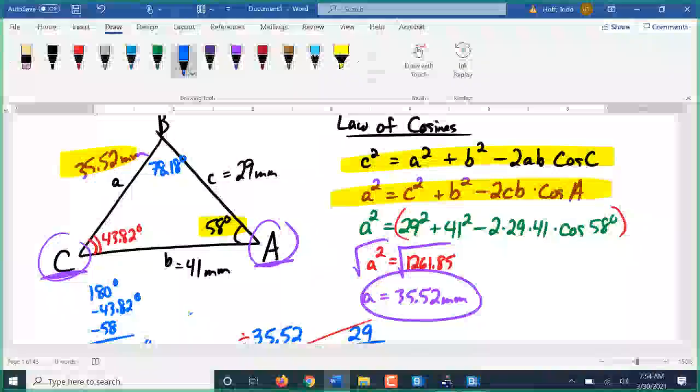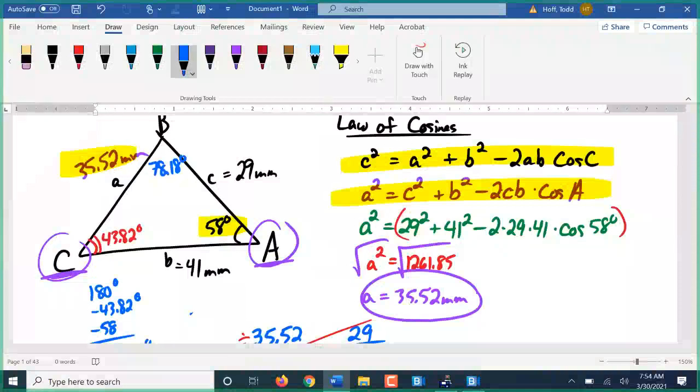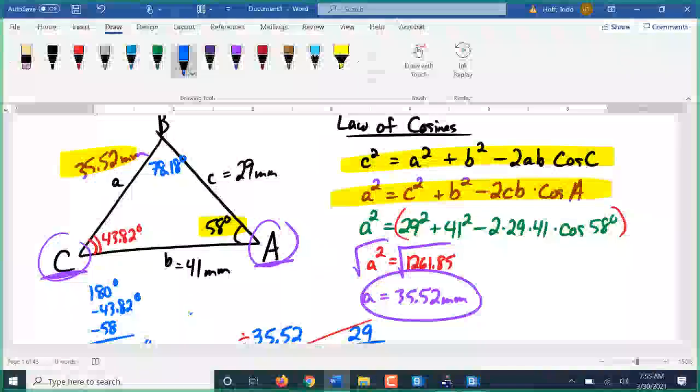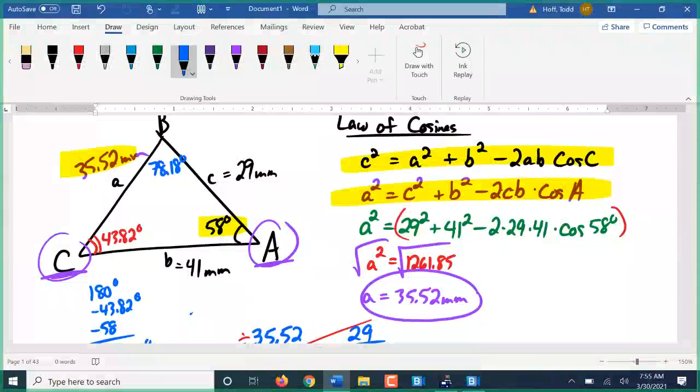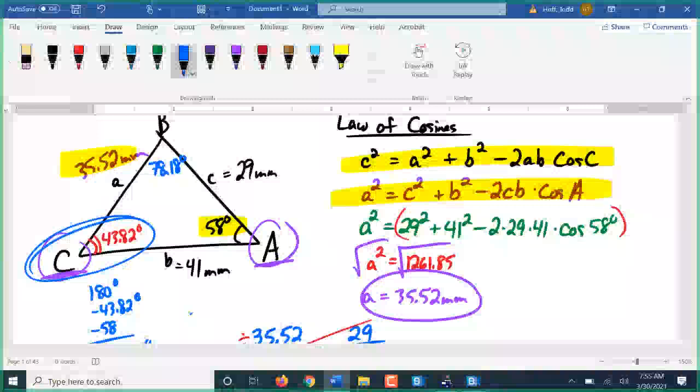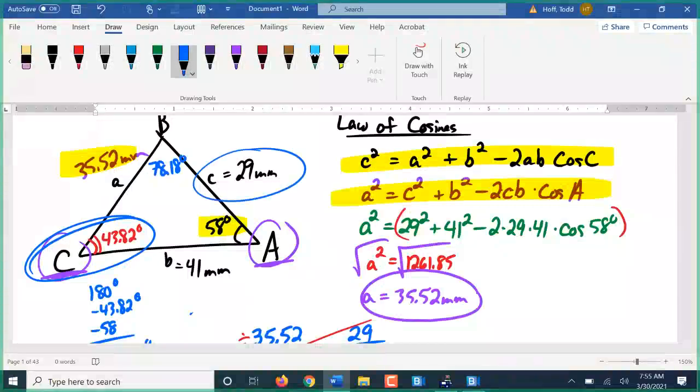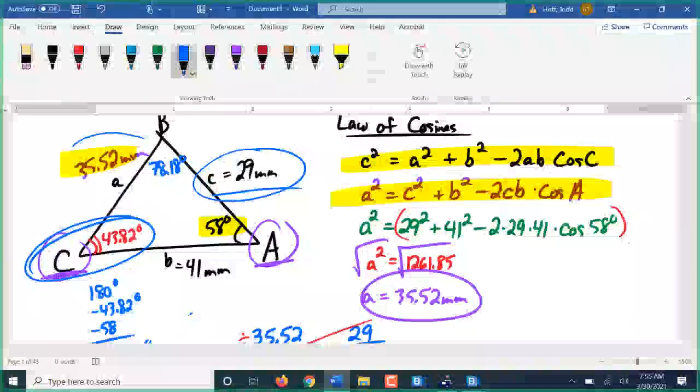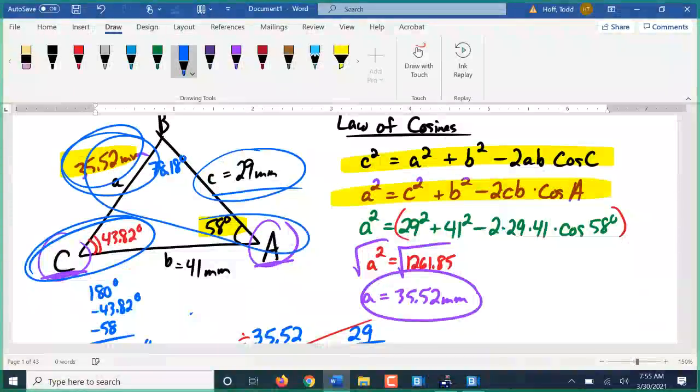It could be 78.18 or it could have been 101.82 degrees. We weren't sure because it's close to 90 degrees. So as we've mentioned, it's always safer to look for that smaller angle, using the smaller side first, once we have this third side and use our law of sines.